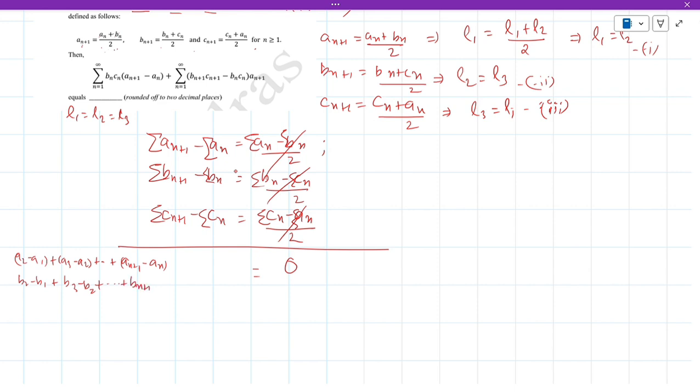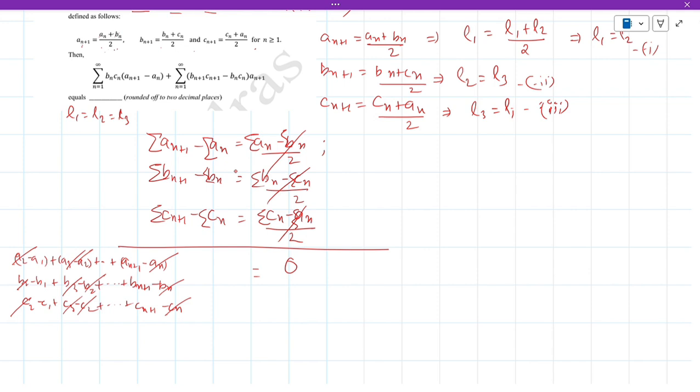Similarly, c2 minus c1 plus c3 minus c2 plus dot dot dot up to cn plus 1 minus cn. Now as we can see, a2 cancels out, a3 cancels out. Now we are left with only an plus 1. Similarly here, b2 cancels out, b3 cancels out, and we are left with bn plus 1. c2 cancels out, c3 cancels out, and we are left with cn plus 1, n tending to infinity.